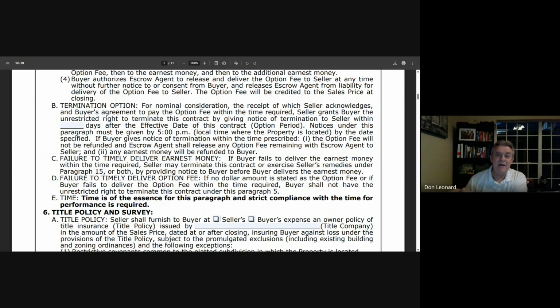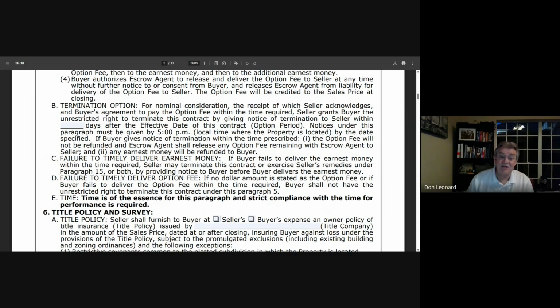So even if the buyer delivers the earnest money late, if it gets there on day 4, day 5, day 6, if the seller has not terminated by then, our deal is solid and we go forward. So it gives the seller the right to terminate, but it does not kill it by itself.